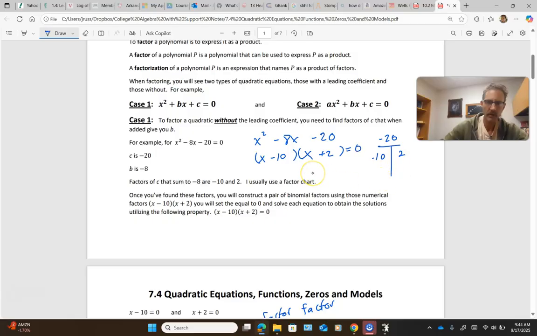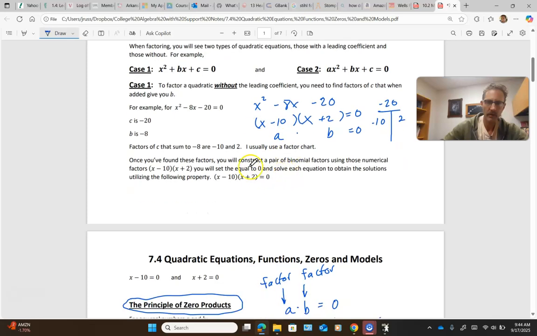This is kind of like your A times your B. And if A times B equals 0, then that means either A, x minus 10, equals 0, and or B, which is the second factor, x plus 2, is equal to 0.